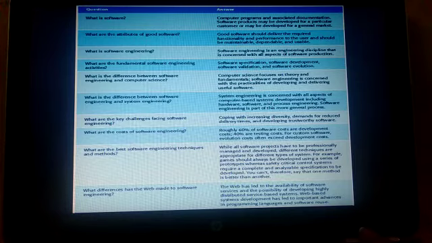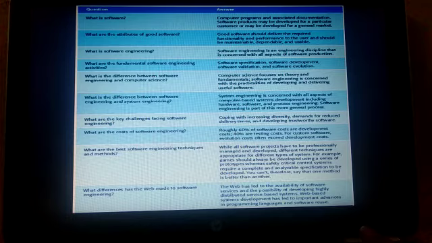Some of the very important questions, FAQs you can say, are: what is software? What are the attributes of good software? What is software engineering and how is it different from system engineering? What are the fundamental software engineering activities, and what are the differences between software engineering and computer science?